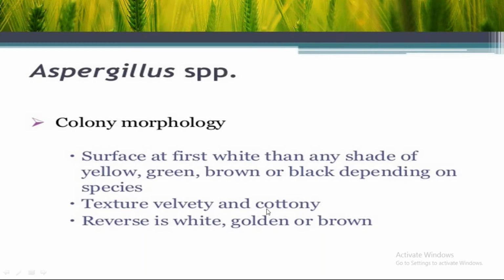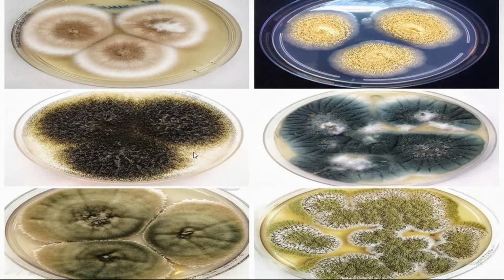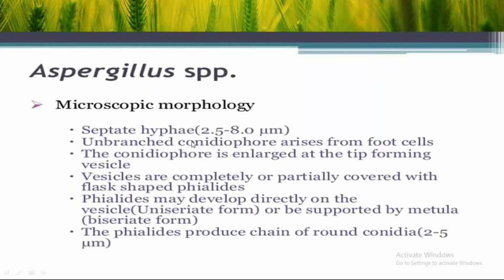The texture is velvety or cottony and the reverse is white, golden or brown. You can see the plates depending on the conidial colors. So fumigatus, very clearly you can see the smoky green color. So this is Niger, very clearly.